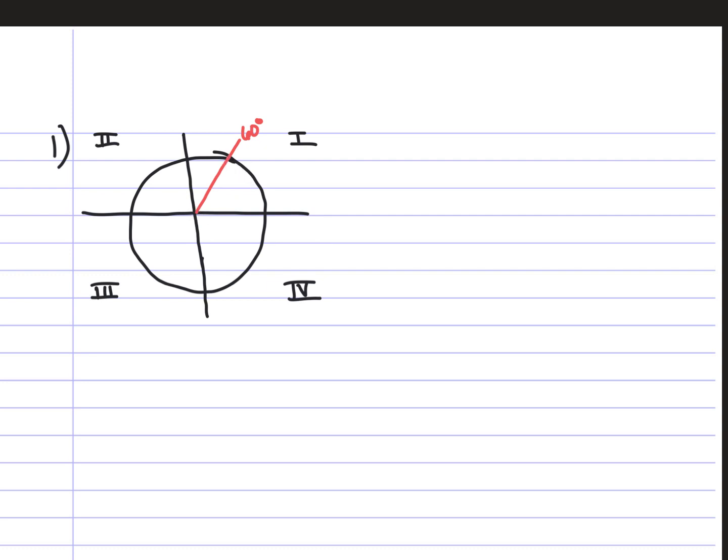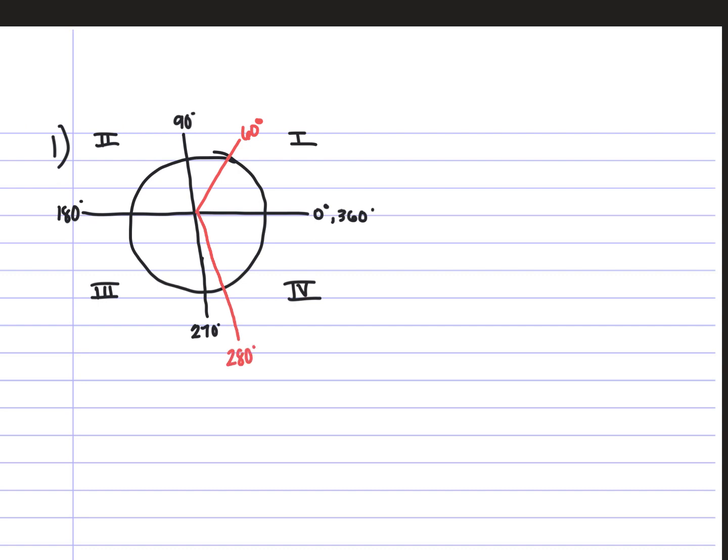If it helps, I'm going to label each quadrant. Quadrantal angles 0, 90, 180, 270, and of course all the way around is 360. So the next angle is 280 degrees, which is right after 270. It's about right here.